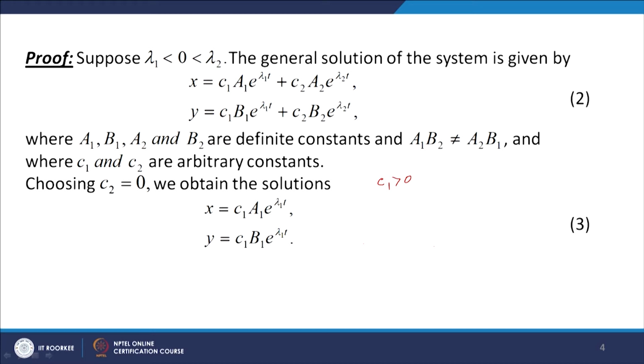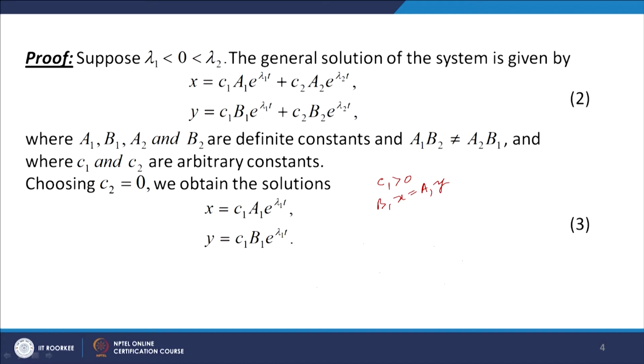Then these two equations give us b1 x equal to a1 y. In this case, b1 x equal to a1 y gives you a half line path.